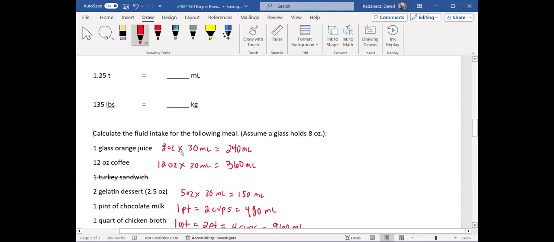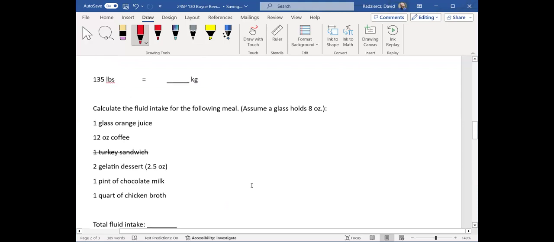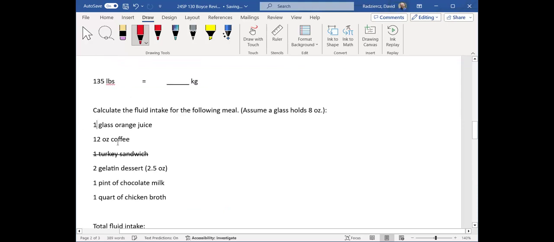All right. And then this, you probably remember from last semester, you're just converting ounces, pints, quarts, cups to milliliters to get to what you want.